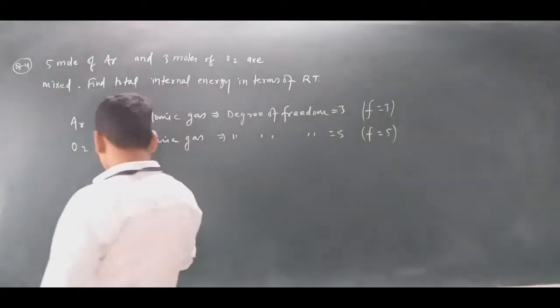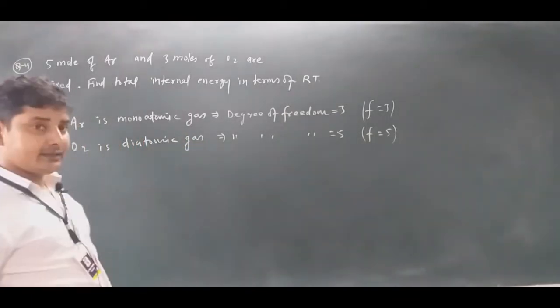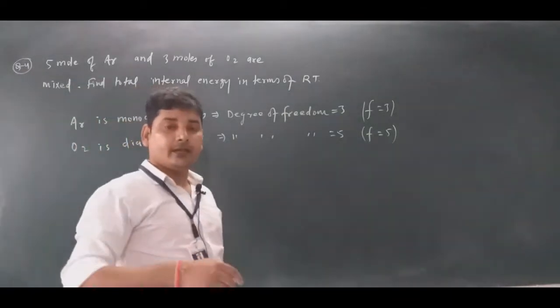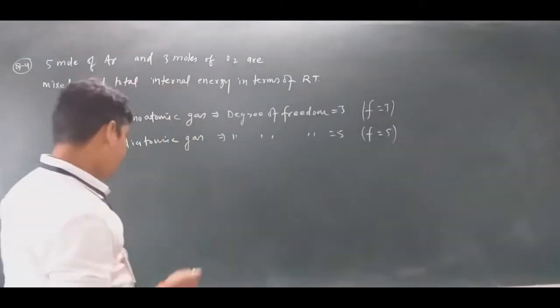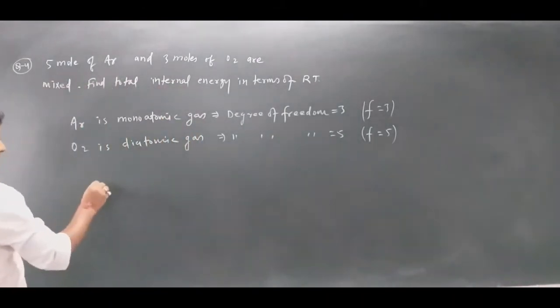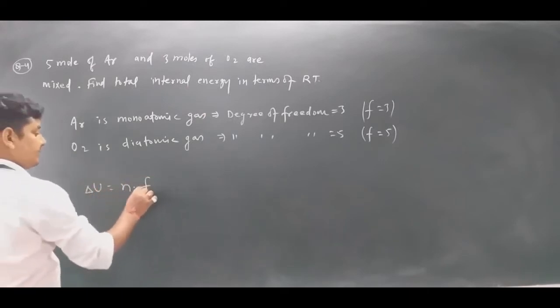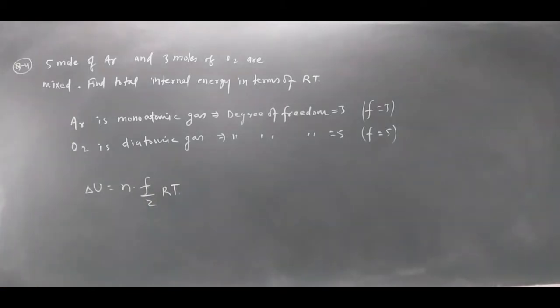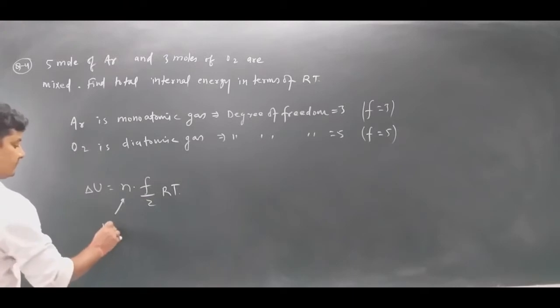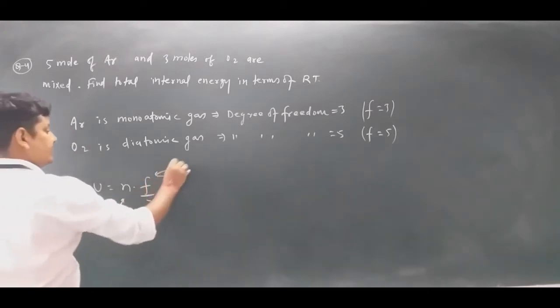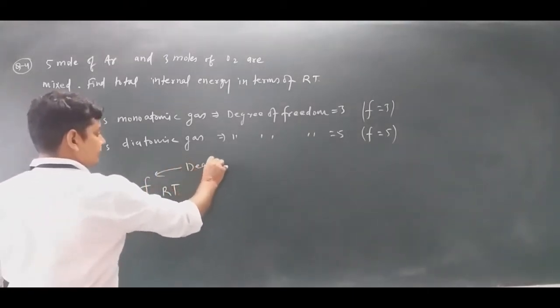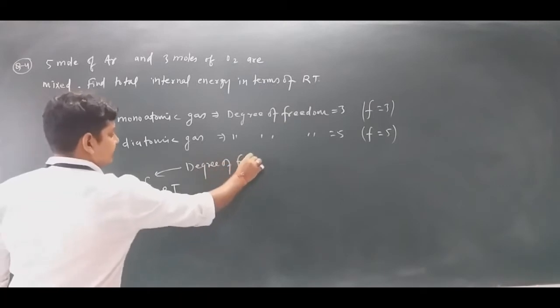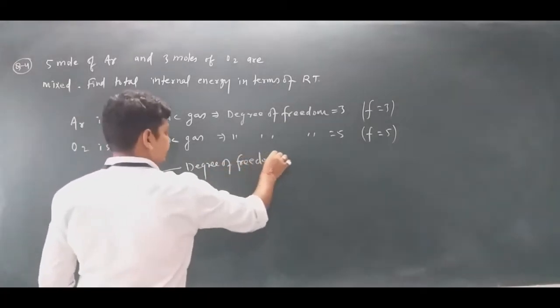Now, when moles and degree of freedom are given, how do we calculate the internal energy? Internal energy is calculated as n times F by 2 times RT. Remember, a very important formula. Here n is moles, F is degree of freedom, R is gas constant, and T is temperature.